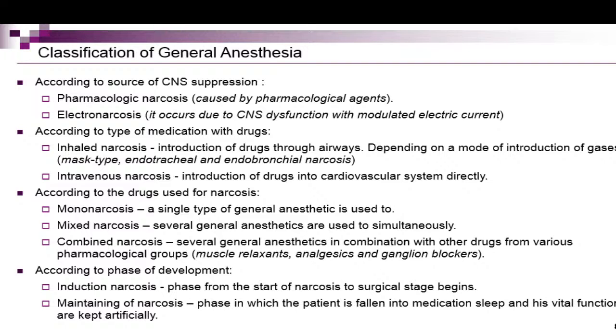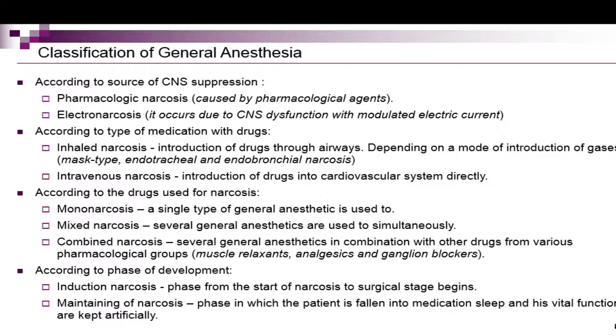According to the drugs used for narcosis, it means the number of drugs. If we use a single drug for narcosis, this is mononarcosis. A single type of general anesthetic is used for suppression of the CNS. If we use two or more drugs from the same pharmacological group of anesthetics, this is mixed narcosis.